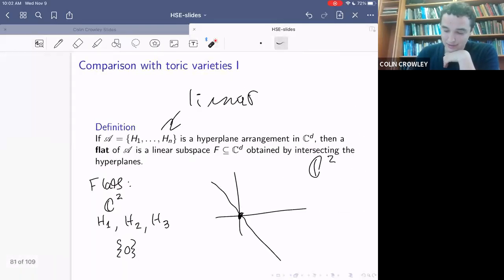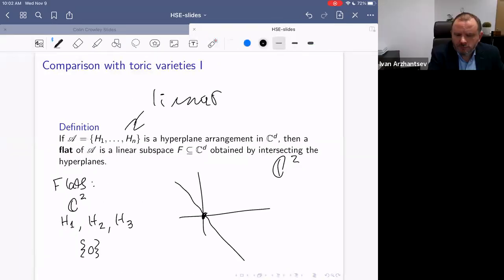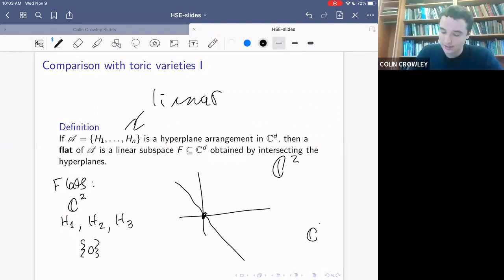these flats, let me see if I have a picture. So these flats form a poset. The way you typically write this is the vector space goes at the bottom, and then you go up in codimension. So here's this poset.